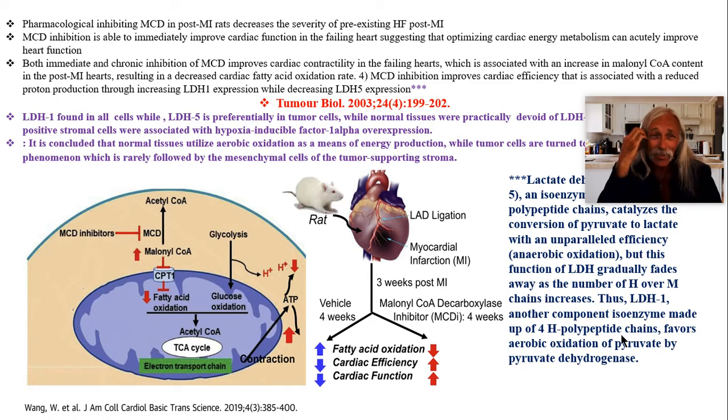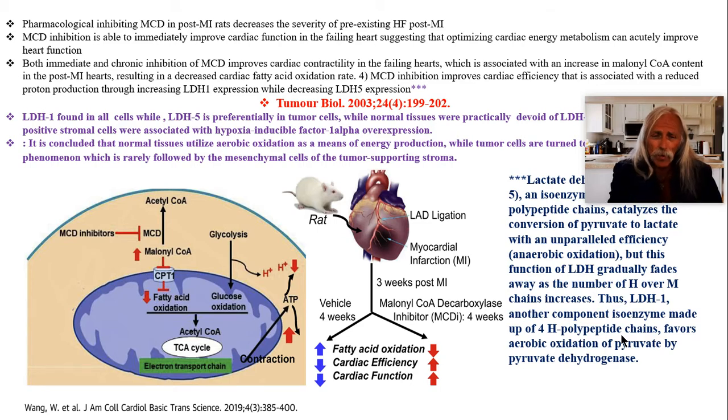All right, so let's take a look at this. So MCD inhibition is able to immediately improve cardiac function in the failing heart. And that suggests that there's an optimizing of cardiac energy metabolism since this decarboxylase is involved in energy metabolism.